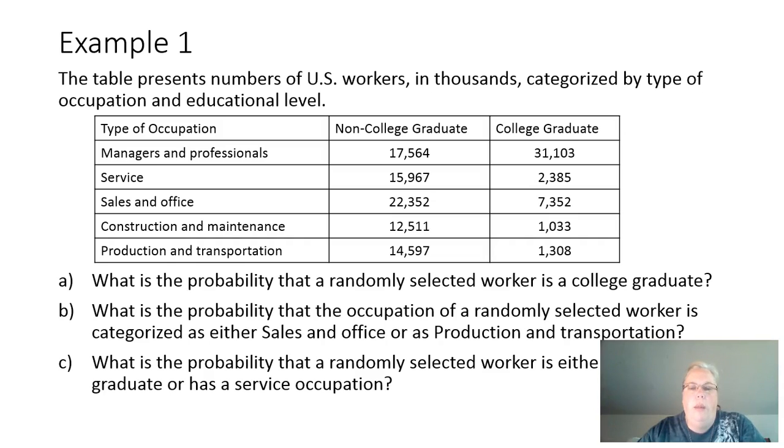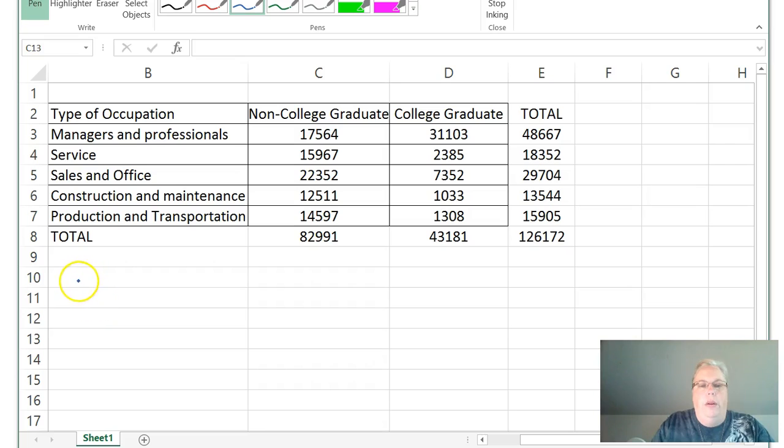C. What is the probability that a randomly selected worker is either a college graduate or has a service occupation? Alright, so this time we want the probability of a service occupation or college grad.